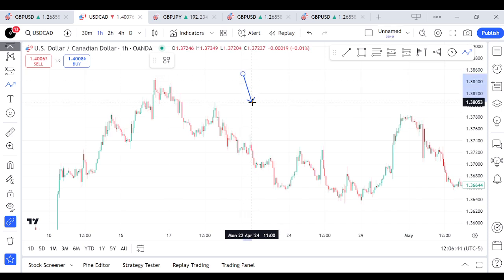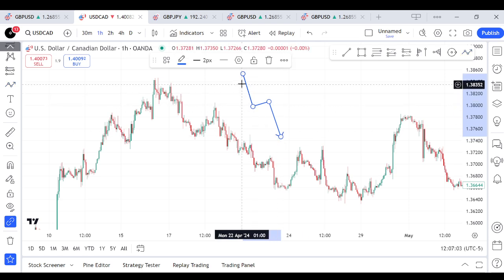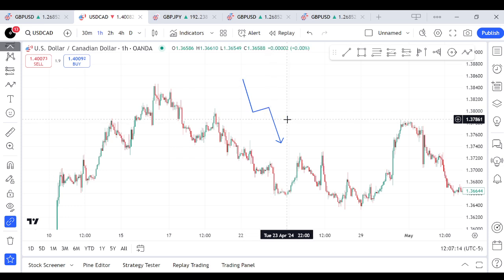You have an initial drop or decline, and this is actually very sharp, consecutive red candles, and then you have a base or a brief pause or consolidation, then you have another drop. So basically drop base drop: the first drop, the base, then the next drop. That's exactly how it is.